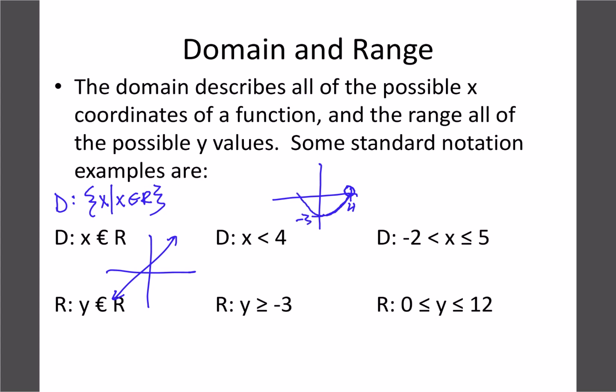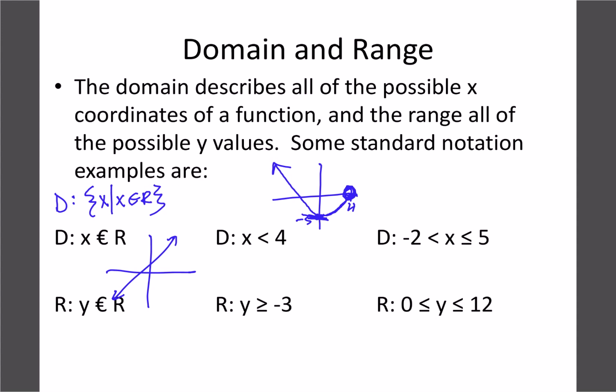I'll just kind of do it as a quadratic or something like that, and then carries on forever. Okay, so a couple things to remember from earlier math classes. When it's less than, that means that point wasn't included, so that's why I drew it as an open dot. And if it's greater than or equal to -3, that means the coordinates touched -3, it actually included -3, and then it did everything above it.